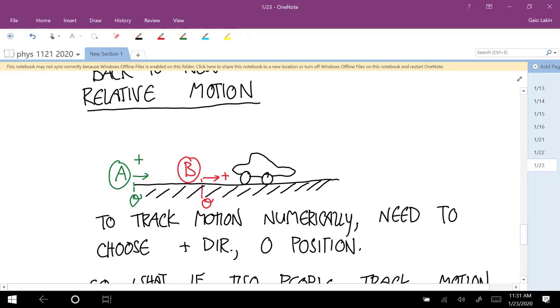So this is 10 meters, this is another 5 meters, right? So it's saying that the position of the car here, observed by A, well, what's the number? It should be 15, okay? So it's saying that the position of the car observed by A should be equal to the position of the car observed by B, what's that number? 5, plus the position of B observed by A. What's that number? 10. So it makes sense that that works out, right?